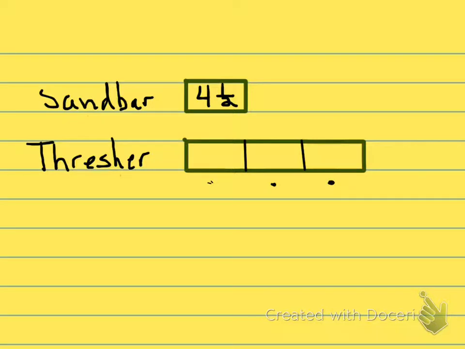So my bar model must represent 1, 2, 3 boxes that are of equal length. Now, how do I set this up? Well, this must be the same as the box above it. This must be too. So each one of these has to be equal.